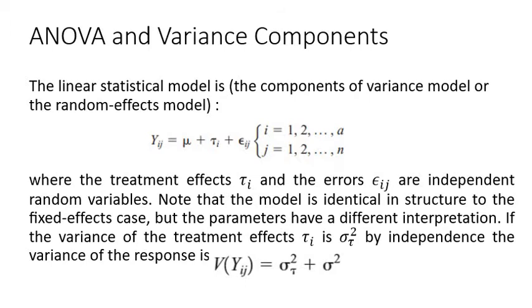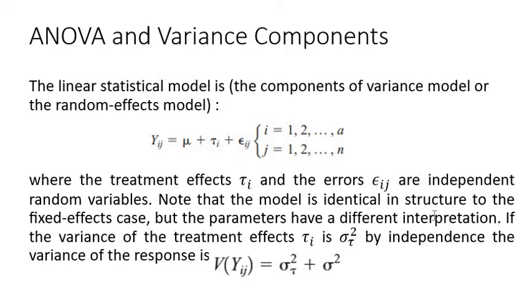So this is the ANOVA and the variance components under these random factors. The linear statistical model, or the components of variance, serves as the random effects model because we have random effects here.